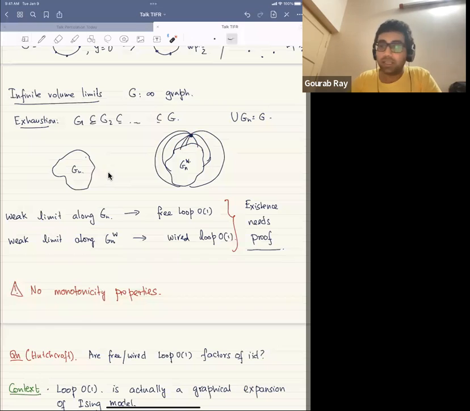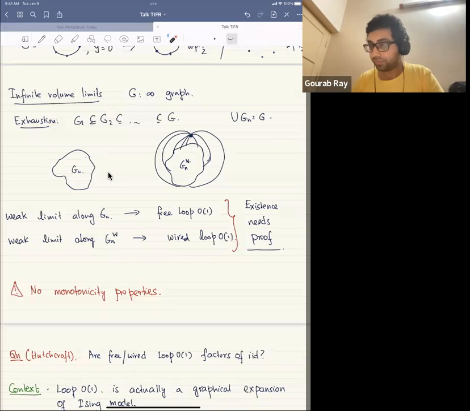Now, one thing to keep in mind: if G is the infinite three-regular tree, then there is a big difference between these two limits, if they exist. In the first case, the limit is always the empty graph, because there's never a cycle in my exhaustion. But in the wired case, the limit is not going to be empty. You have to convince yourself of this, there's a little bit of argument, but it's not going to be the empty graph because there are all these cycles which will go through this wired vertex.